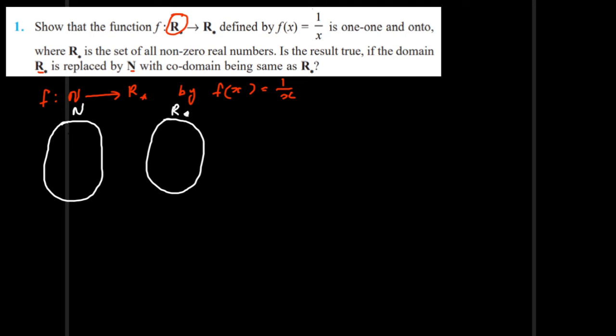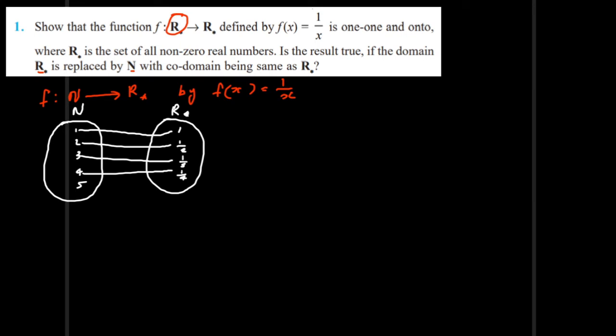Suppose in the domain there is 1, 2, 3, 4, 5, etc. 1 is mapping to 1 by 1, 2 is mapping to 1 by 2, this is a real number, 3 is mapping to 1 by 3, and 4 is mapping to 1 by 4 like that. So these are all real numbers.